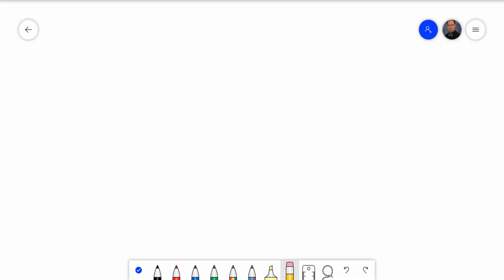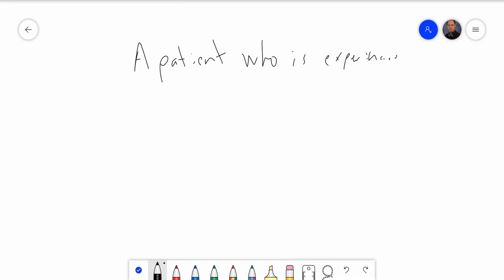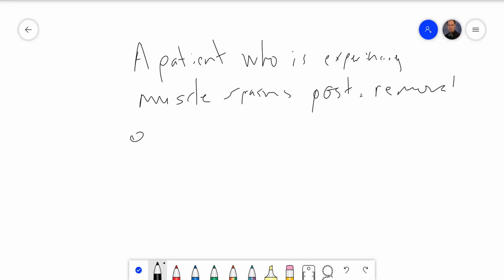So you have a patient who is experiencing muscle spasms post removal of the thyroid gland. All right, so what do you suspect here?